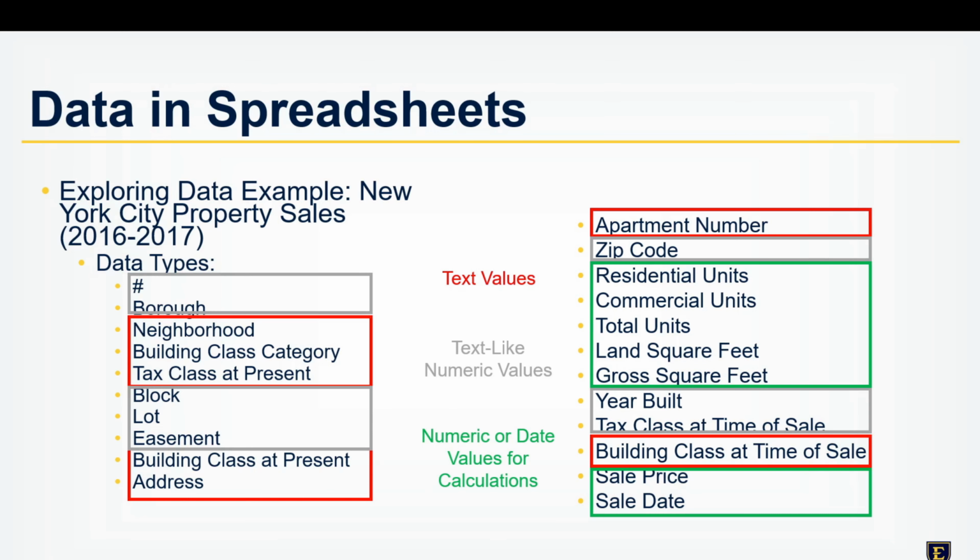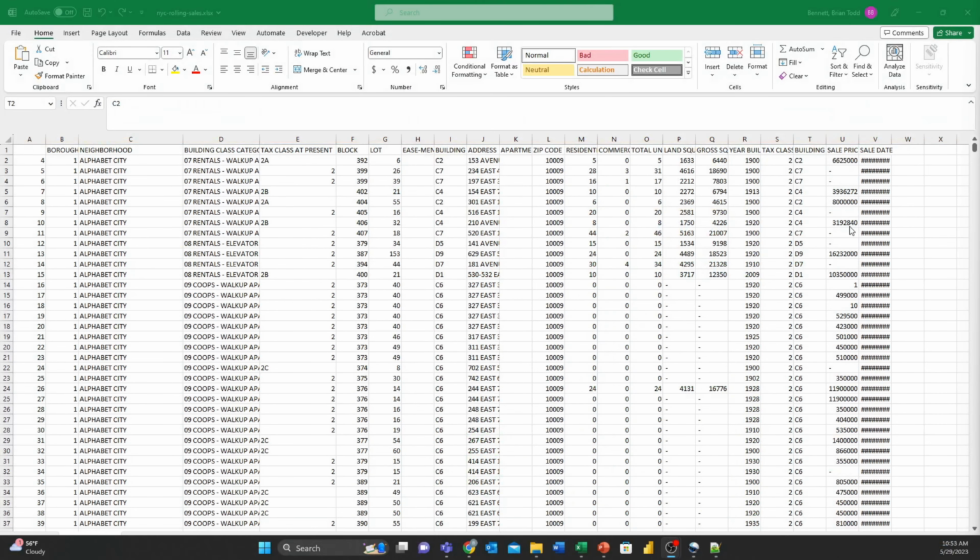Now, if we look back in Excel, we can see that all of these are numeric values. There's a hyphen here, and hyphens usually mean it's a zero or doesn't exist. So we can do a simple find and replace to change that to a zero if we want. But if we look at sale date, we see that it's a bunch of pound signs right now.